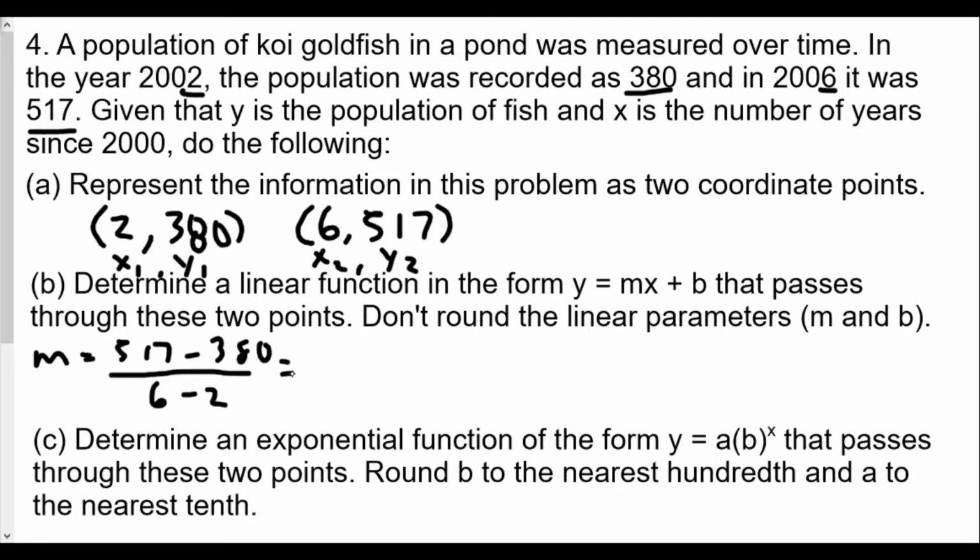We'll use a calculator here, just to make sure we get this correct. So 517 minus 380, our difference is 137. And of course, 6 minus 2 would be 4.